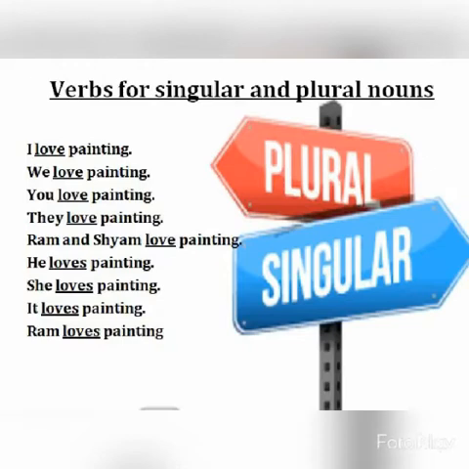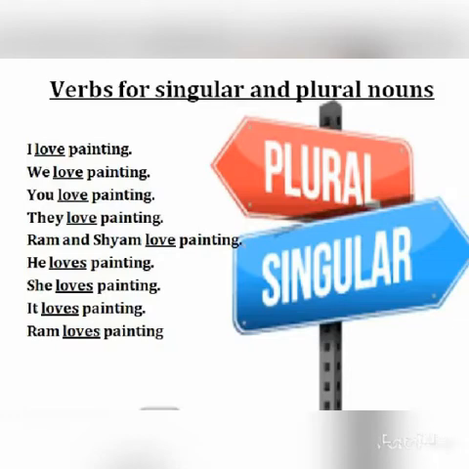Ram loves painting. So there is a slight difference between all the sentences. Although in the starting you must be thinking that all the sentences are similar, but it is not like that. You can find a difference after the fifth word, where suddenly love changed to loves.